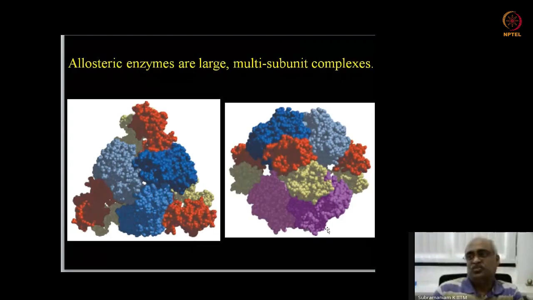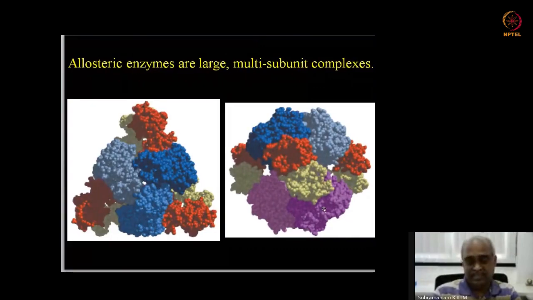And for that sort of non-covalent interactions and orienting the substrate and desolvation and so on, to bring about all of that in a very stable manner, you need large molecules. That's why enzymes tend to be large molecules.